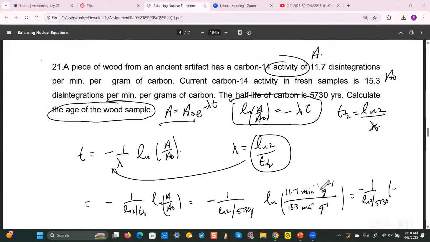There's 3 sig figs, so it should be 3 decimal places. So minus 0.268. All right, and then I'll do the rest.